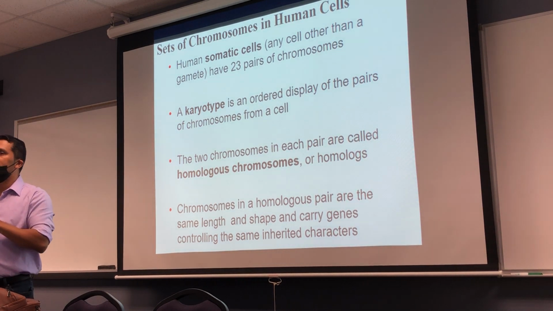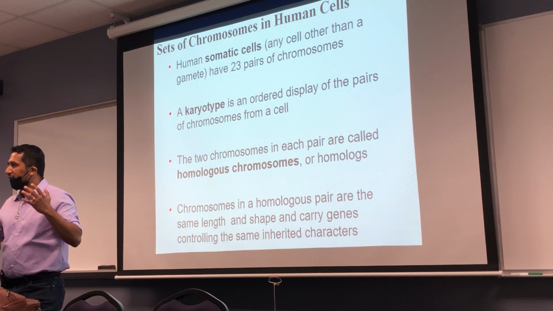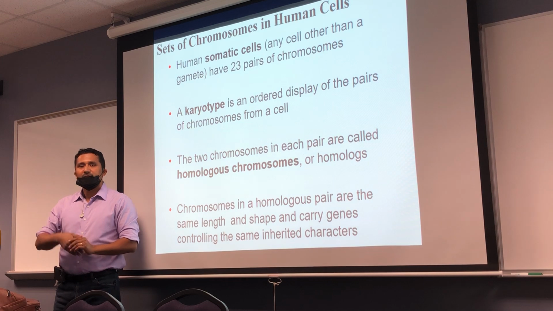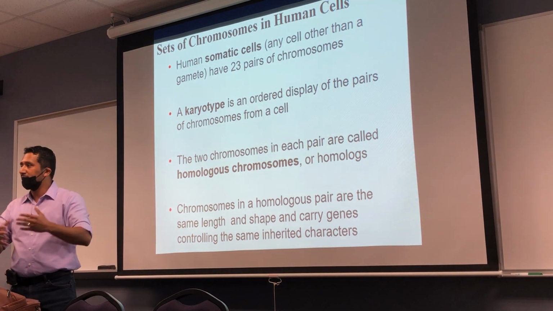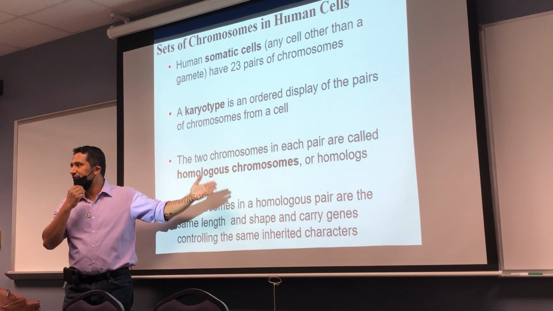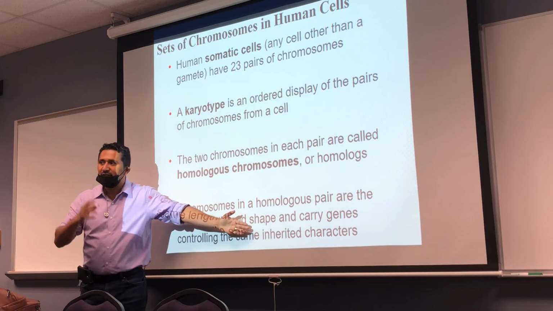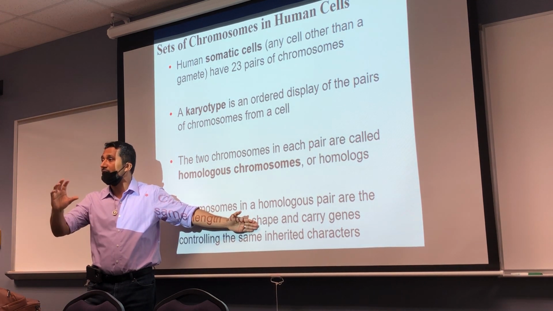Let's put a basic example, like hair color. If your mom is blonde, then that particular chromosome has the same shape, the same size, the same length, and it has that particular trait, hair color.